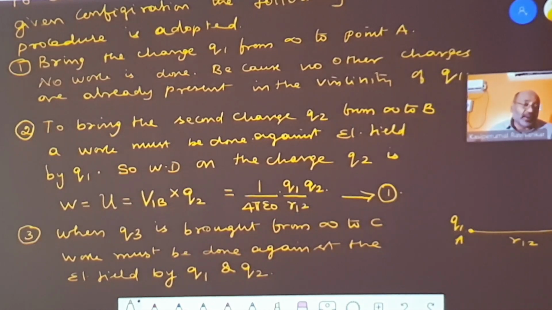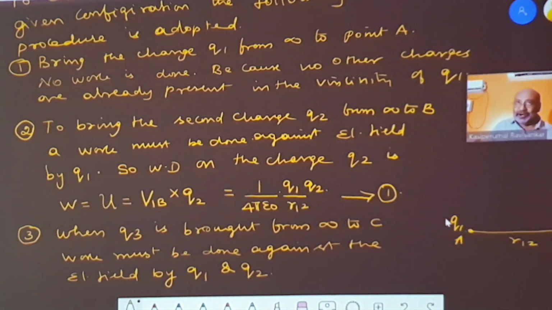Then what is the third one? Now the third charge should be taken from infinity to the point C. While taking the third charge from infinity to the point C, we have 2 charges Q1 and Q2 in its vicinity. So, a work has to be done on Q3 against the electrical field produced by Q1 and Q2.